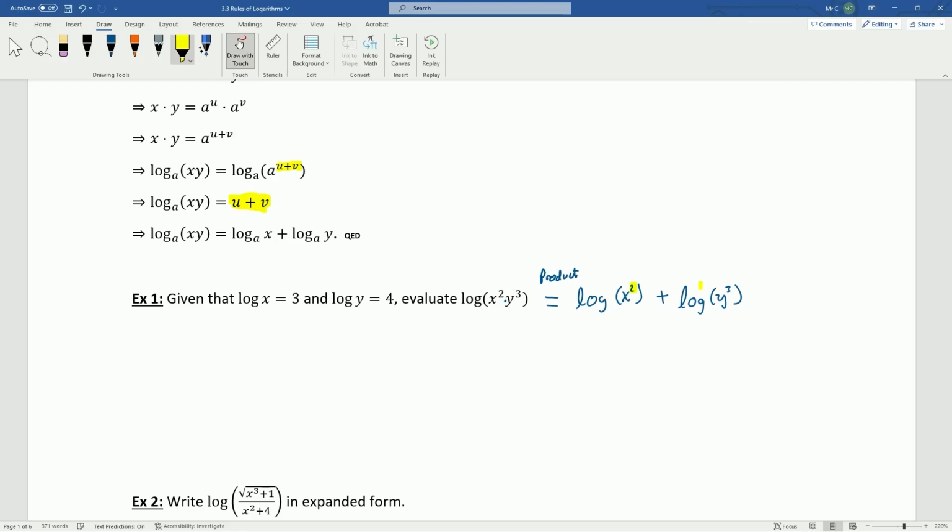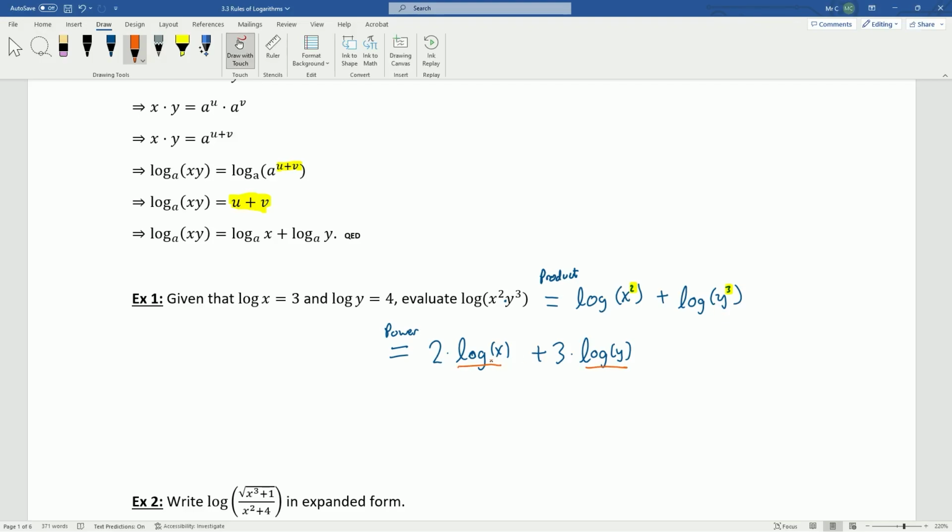And now I notice I have a power inside of each of these logarithms. Again, I want to have just log of x and just log of y, so I want to get rid of those powers, and that requires using the power rule. And so that gives me 2 times log of x plus 3 times log of y.